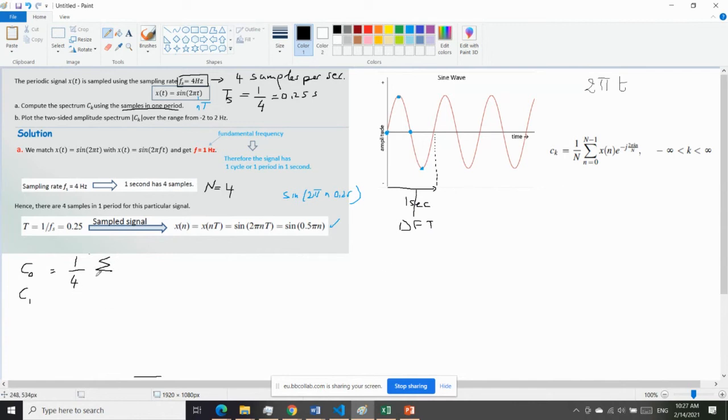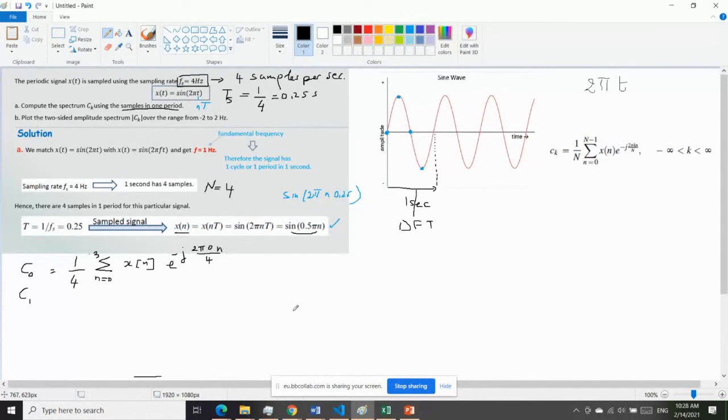the sum from n equals 0 to 3 of x[n], these samples x[n], using this equation: e to the power of minus j 2 pi, and then k now is 0, n moves from 0 to 3, over N which is 4.